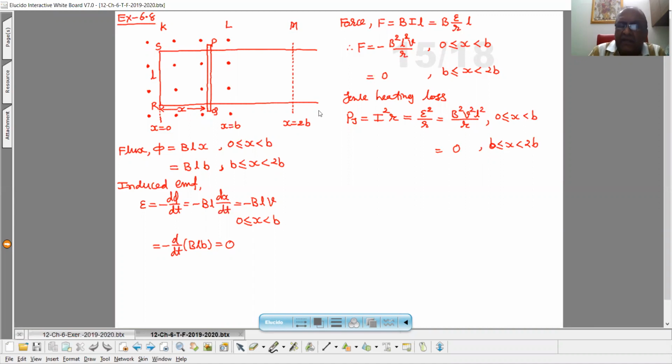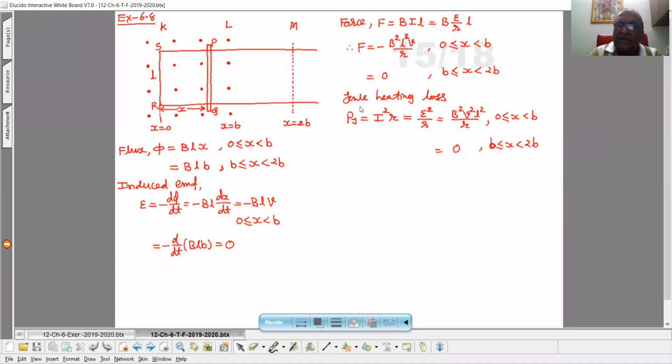But when we think about the force, then force is required only when the EMF is induced, because when EMF is induced as per Lenz law, that EMF will produce the current in such a direction so that it opposes the cause of its production. So the EMF is induced in the region 0 to b. So force that we have to apply for this particular region. But after that, the EMF is not induced. EMF is 0. So no need of force.